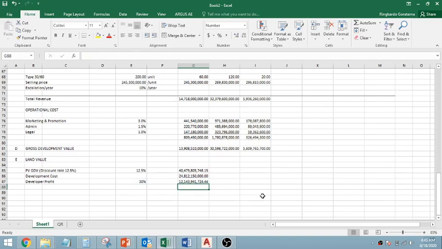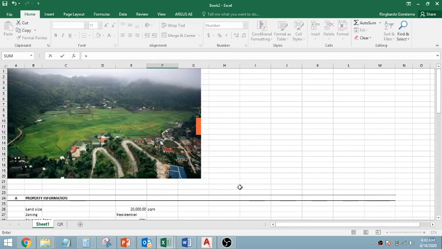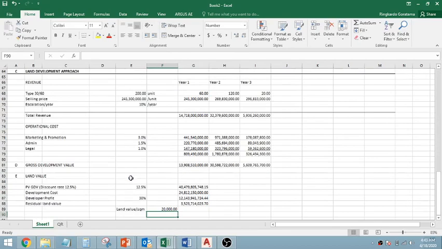Okay, so we find the residual land value by deducting this, and the land value per square meter with total land area 20,000 is 3.5 billion divided by the land area.